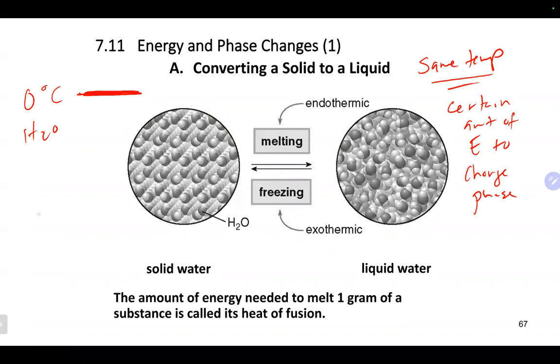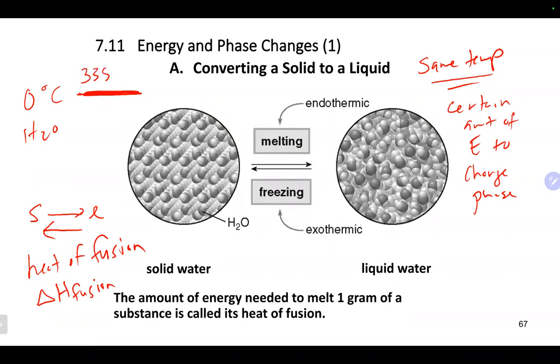The amount of energy to go from solid to liquid or liquid back to solid is what is referred to as the heat of fusion. It is sometimes referred to as the delta H of fusion. And for example, for water, it's roughly 335 joules per gram.